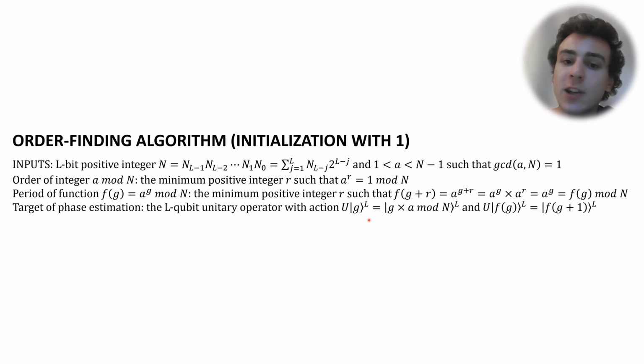So if we consider some computational basis state of L qubits, and we initialize it in G, and then we act with this unitary operator, it's going to produce the following state. It's going to produce the state that is labeled by G times A mod n. So we're doing multiplication mod n, and we're multiplying by the value A. You can see that to define this unitary operator, we need to know what the two inputs are.